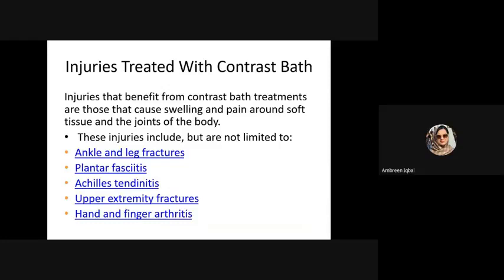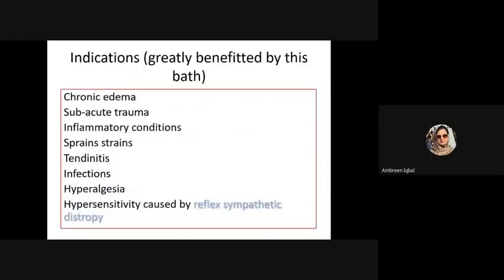Generally, contrast bath is going to benefit some other conditions like chronic edema, subacute trauma, inflammatory conditions like sprains, strains, tendinitis, infections, and hyperalgesia and hypersensitivity caused by reflex sympathetic dystrophy. The point is, what is this reflex sympathetic dystrophy?